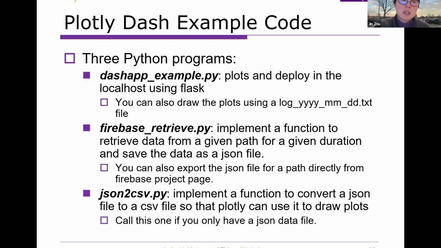The first one is the JSON converted to the CSV. We're just converting the JSON file to a CSV file so that it looks more common, with each column, more like our log file.